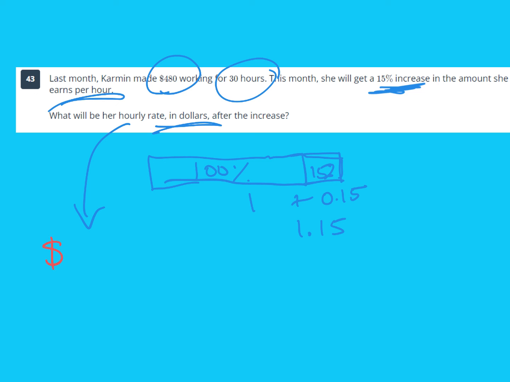So that's $480 for 30 hours. So 480 divided by 30. Go ahead and use your calculators. $16 per hour, 1 hour.